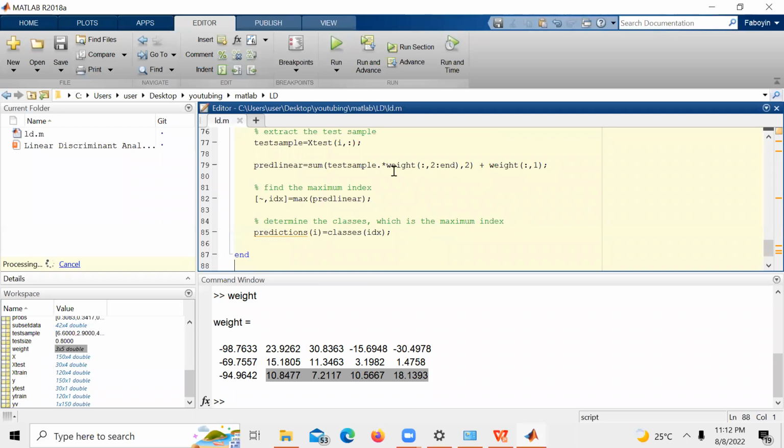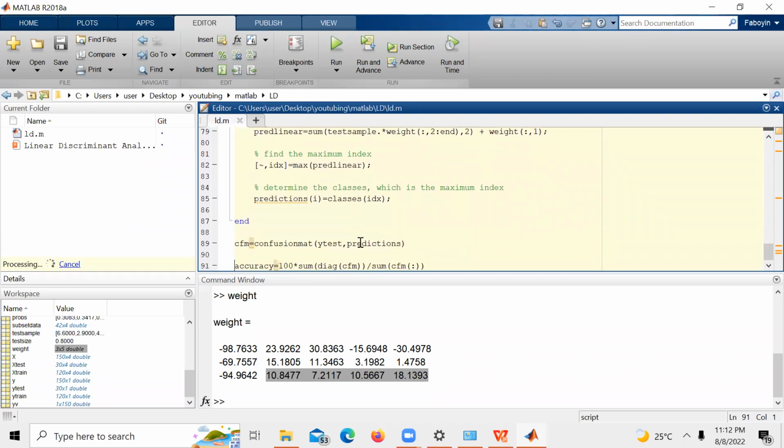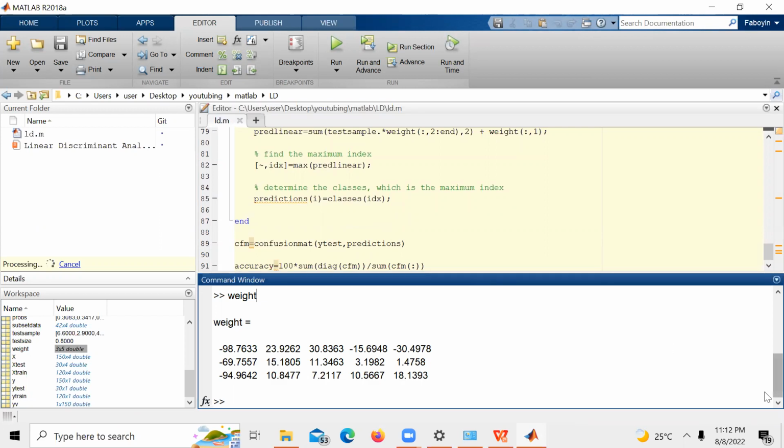So how exactly do you make the prediction? The class ID that gives the maximum value of the predictor, which is Y, is our class. So I did a confusion matrix to estimate the accuracy.